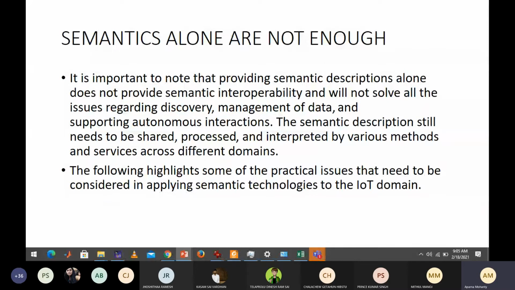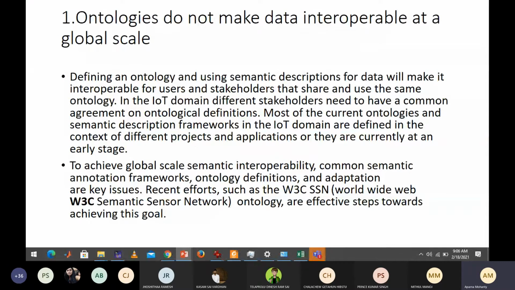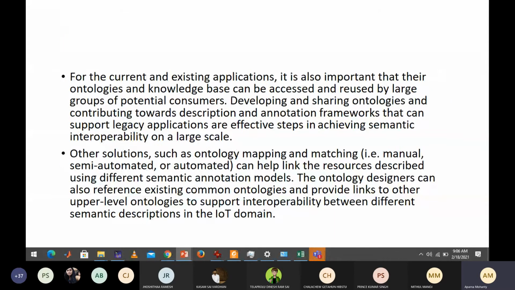As we discussed in the previous class, because of semantics we try to infer some meaning from the data we have, and that is only possible because of something called vocabulary and ontology. So what is ontology? I gave you that example of crane. In crane, depending on the context, the meaning changes.